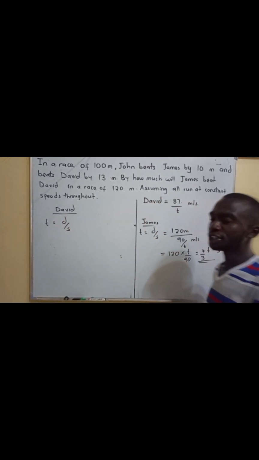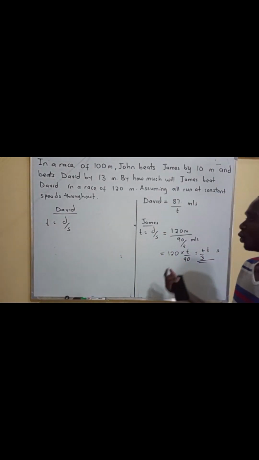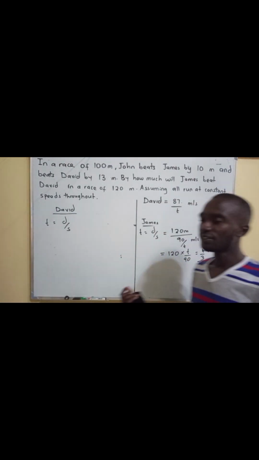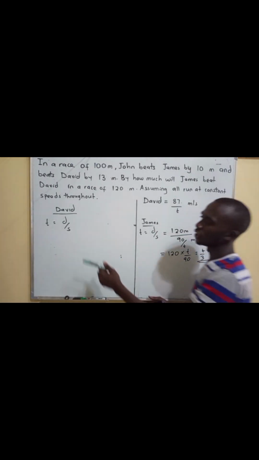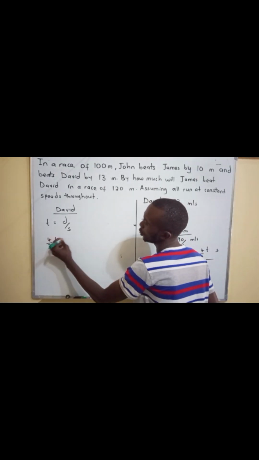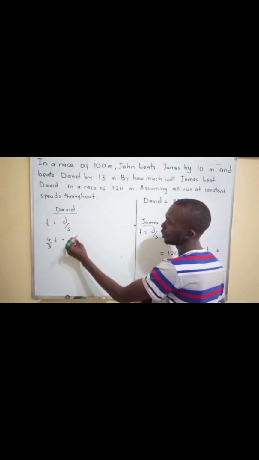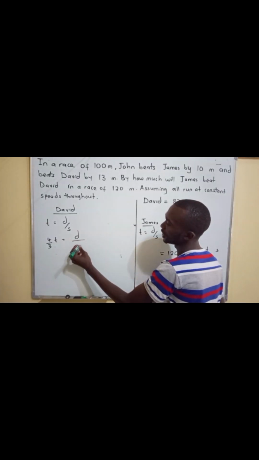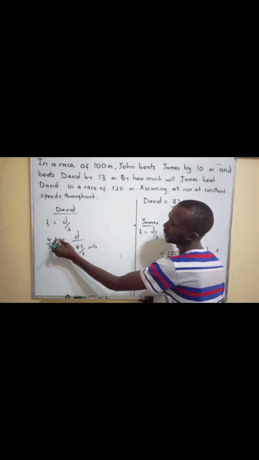And this time taken by David is the same as the time taken by James, because we want to know how far David would have traveled within 4T over 3 seconds. So the time here is 4T over 3, which is equal to the distance traveled by David, which we don't know, over the speed of David, which was 87 over T meters per second.